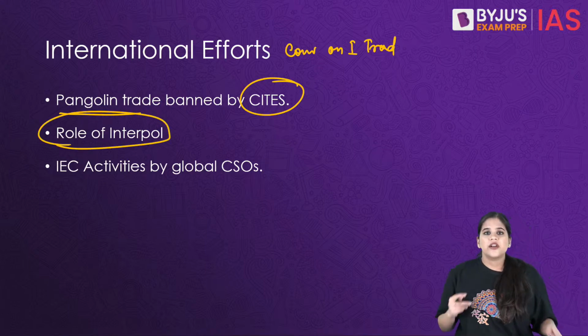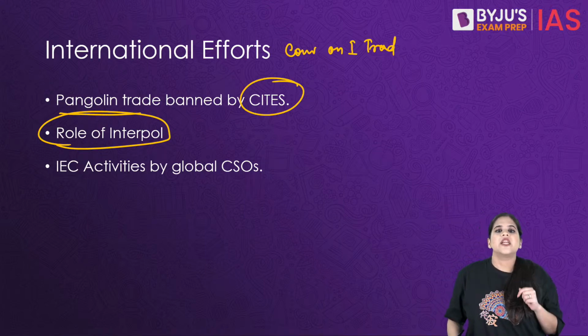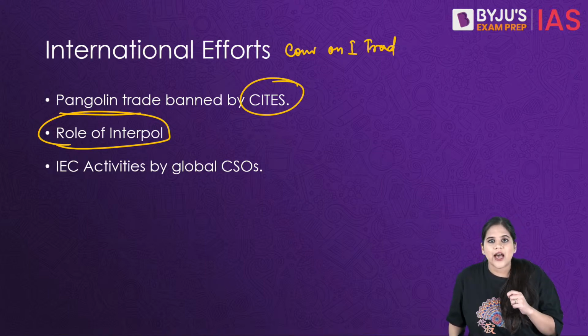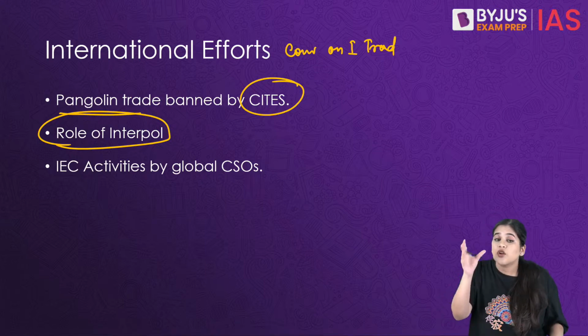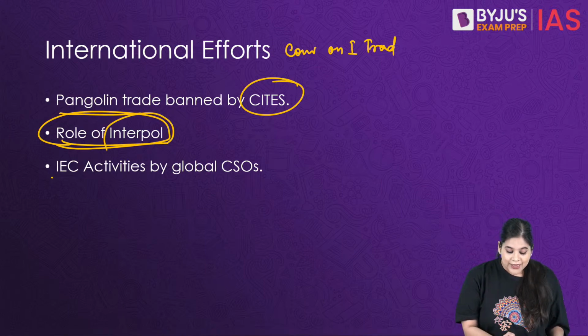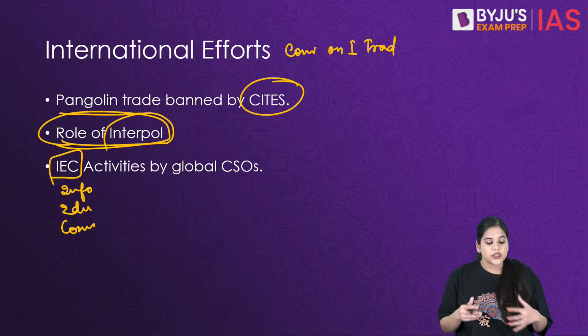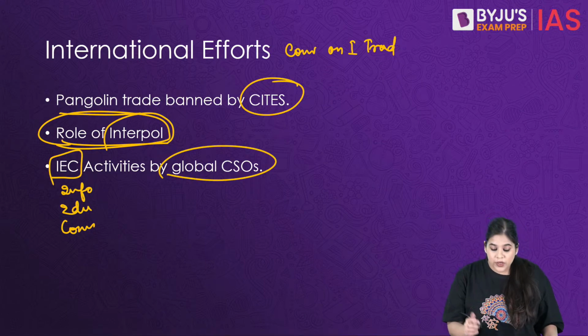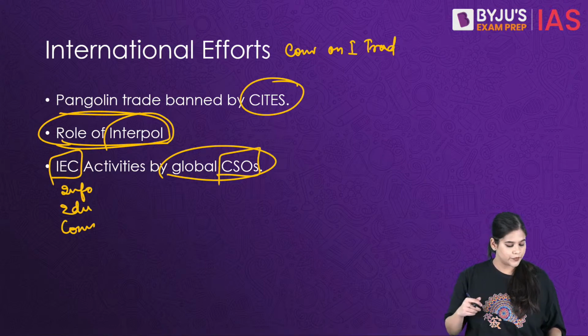Then Interpol is also conducting various operations all across the world to curb the menace of trafficking of wild animals, because it is a transnational organized crime, so it definitely comes under the purview of Interpol. Then various IEC, that is information, education and communication activities, are being conducted by global civil society organizations to increase awareness against these practices.